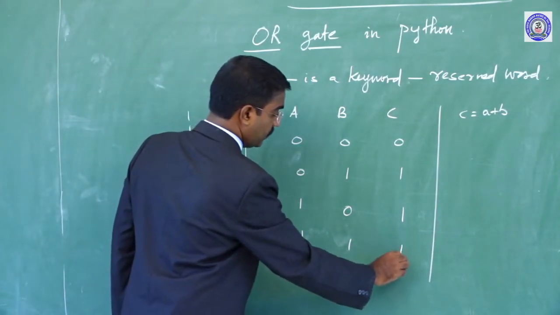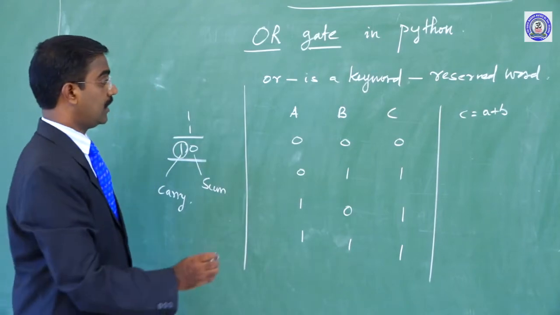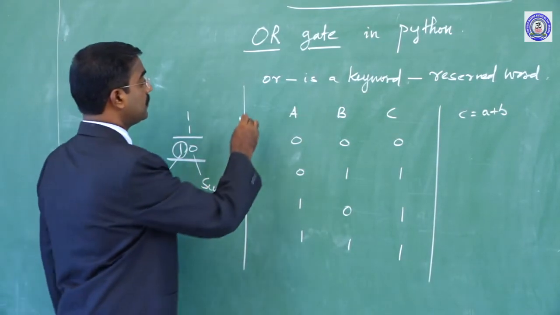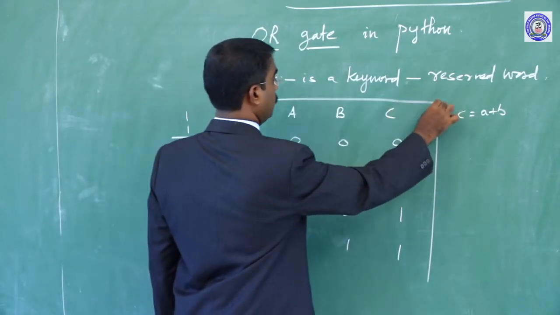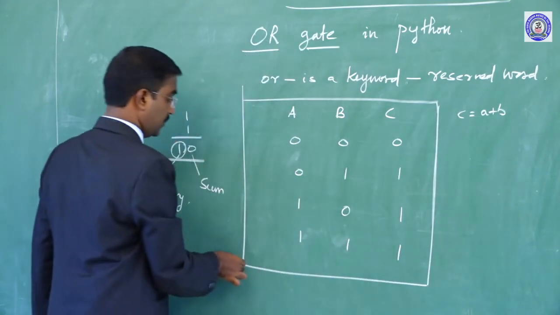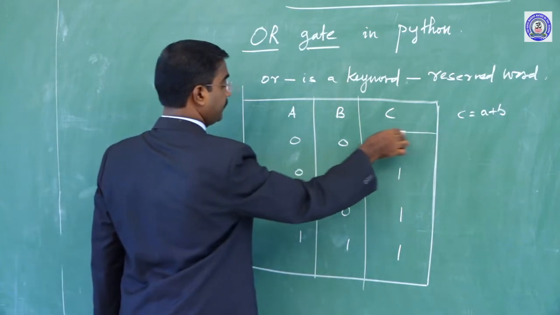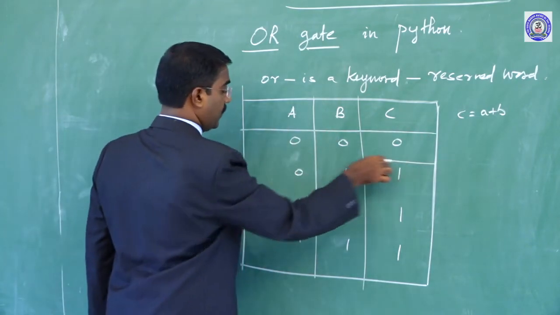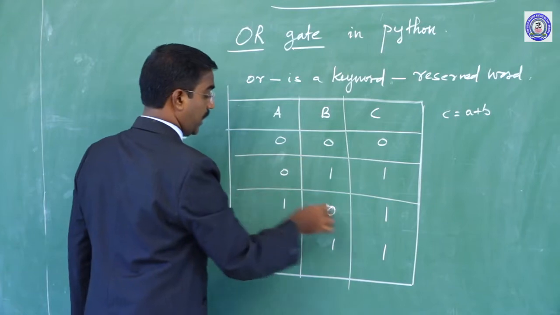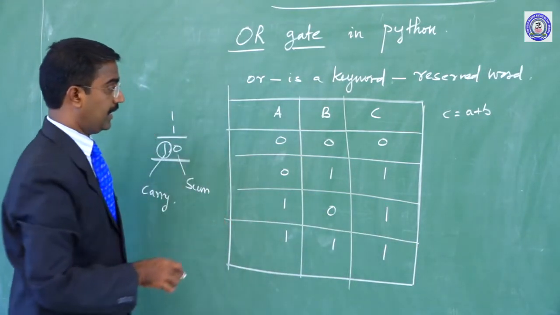So we write 1. Clear? I think you understand. This is the tabulation for two inputs. With three inputs, 8 entries will come. This has 2 inputs, that's why there are 4 entries.